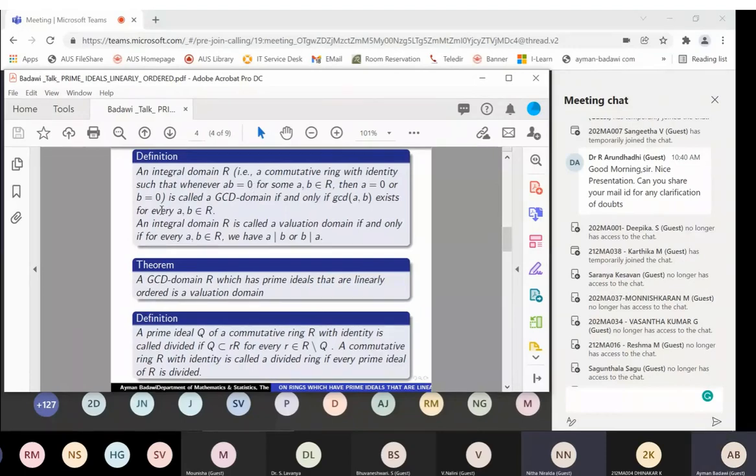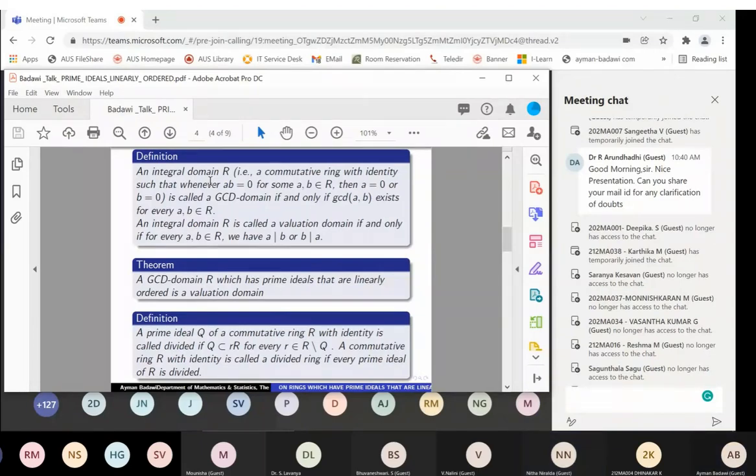So an integral domain is nothing but a commutative ring with identity, and whenever you multiply two elements and get 0, then one of them has to be 0.